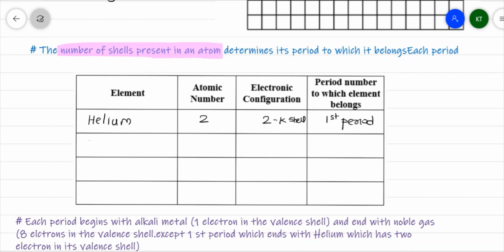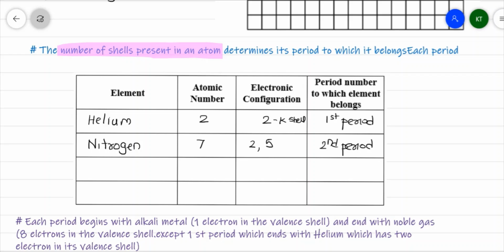Let me take another example, nitrogen. Nitrogen has atomic number 7, and the electronic configuration is 2, 5. We have 2 shells, the K shell and the L shell. As the number of shells is 2, it belongs to the second period of the periodic table.